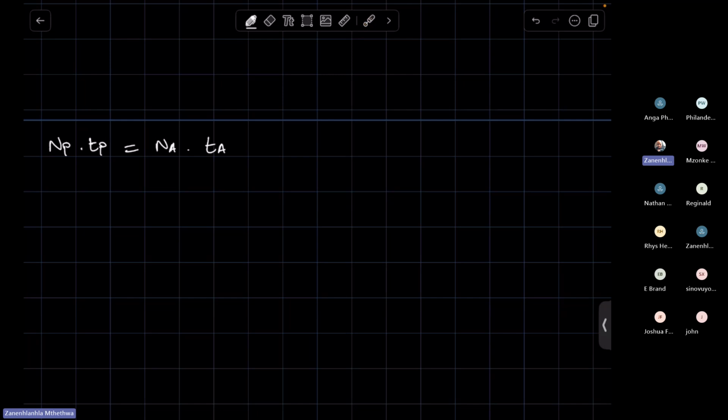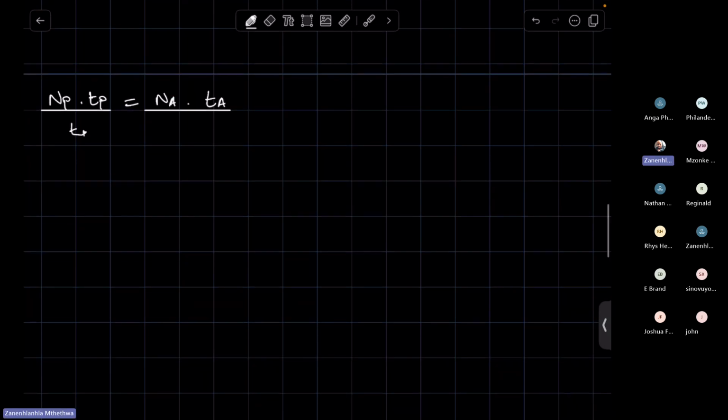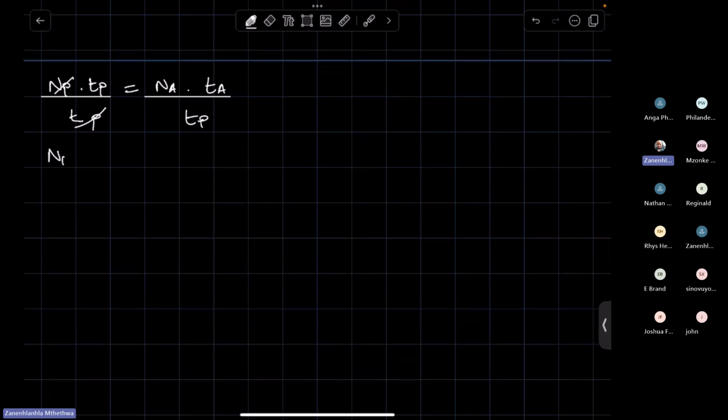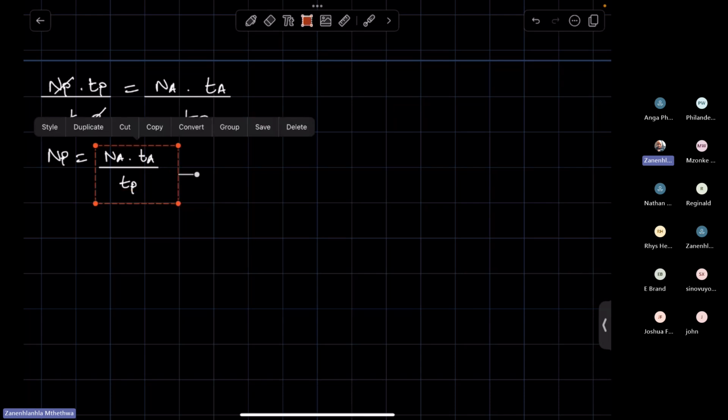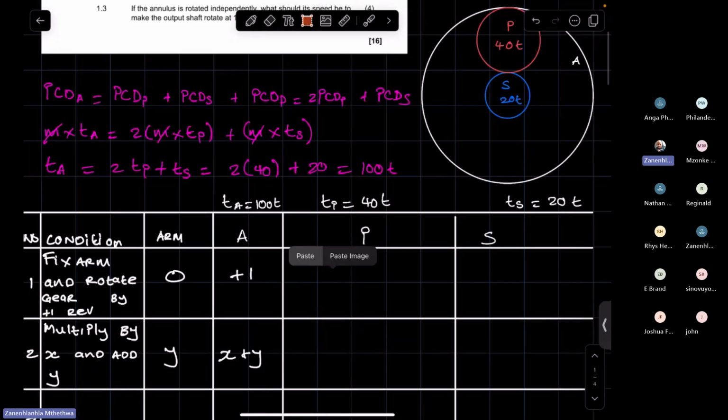So the third step is to solve for what you're looking for. We're looking for NP. Therefore, you divide both sides by TP, meaning NP is equal to NA times TA divided by TP. Now you simply substitute.